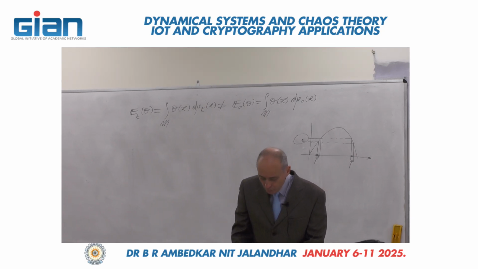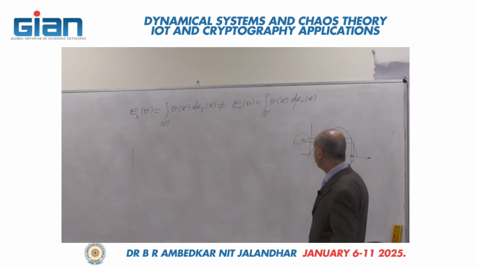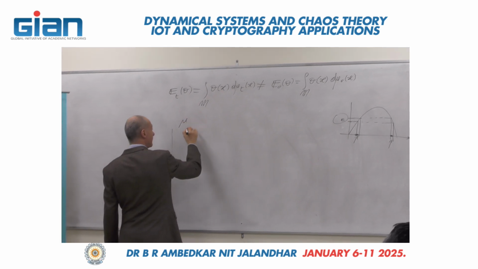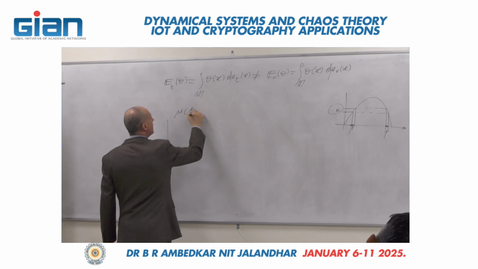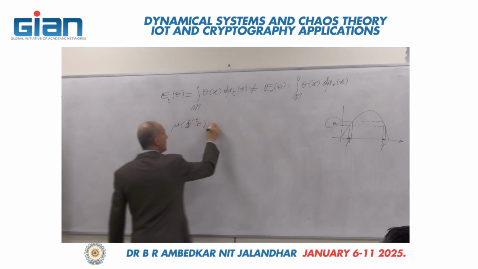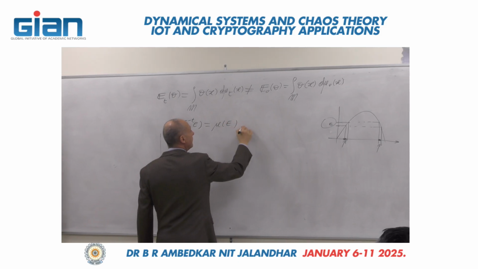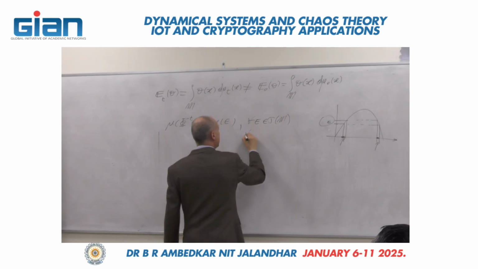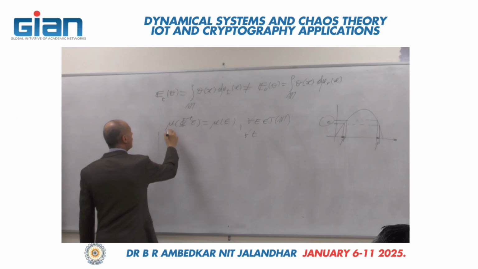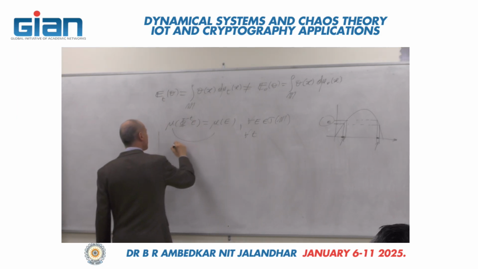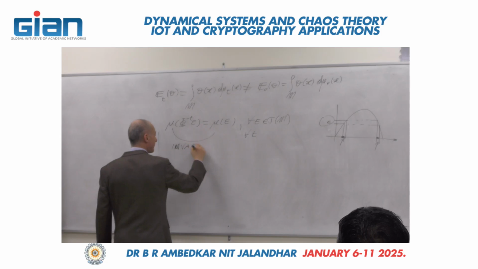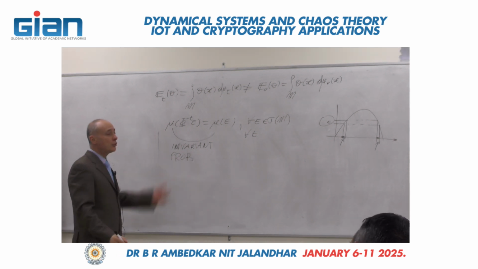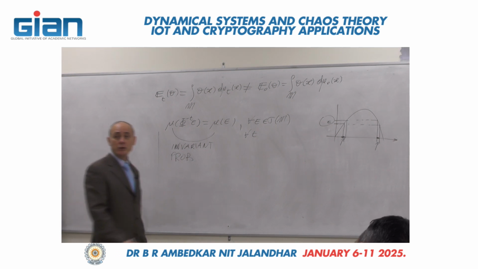There are situations in which things don't change. If mu of phi minus t of E equals mu of E for every E in the sigma algebra and for every time, we call this mu an invariant probability. And what does it produce? It produces that expected values don't change.